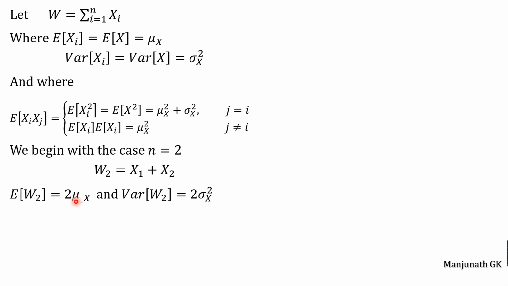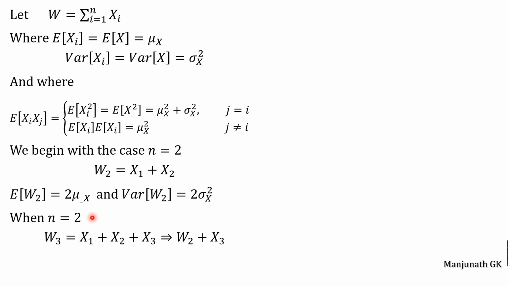It is mu of x plus mu of x, because the value of this is mu x, the value of this is mu x. As a result, we get 2 into mu of x. Then what about the variance? The variance of this will be sigma x square plus sigma x square. It will be 2 into sigma x square.